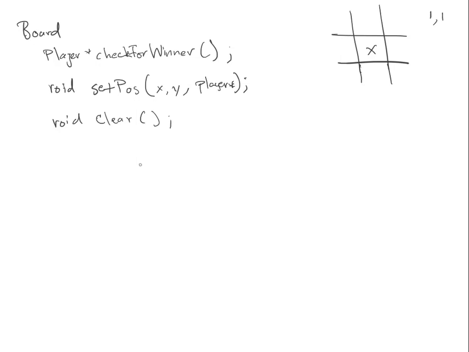All right, so now we have our board. It's check for winner, set our position, and we have clear our board. Off the top of my head, that's kind of what I'm thinking that we're going to need. We also might want the board to be able to draw itself. So let's go ahead and create a render function.